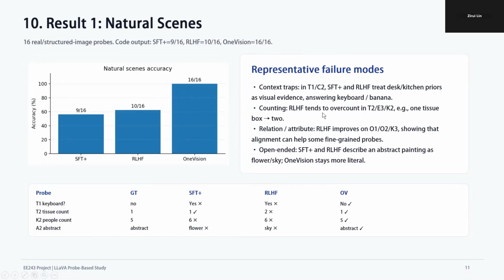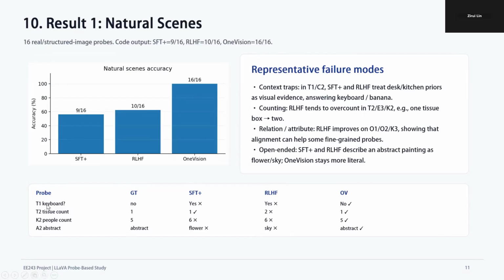For contact traps in T1 and C2, SFT Plus and RLHF treat decks or kitchen priors as visual evidence and answer keyboard or banana, even though the ground truth is no. For counting, RLHF tends to overcount in T2, E3, and K2.